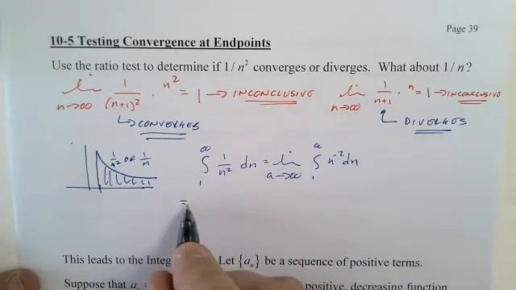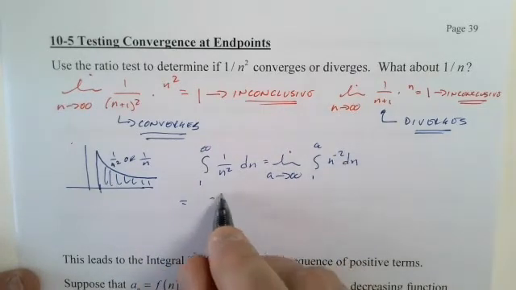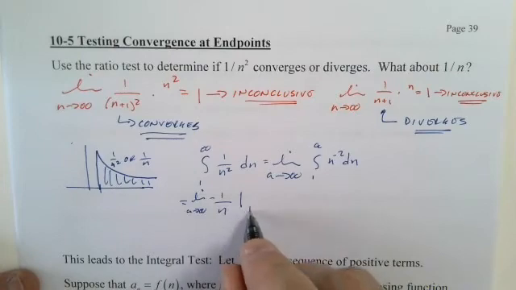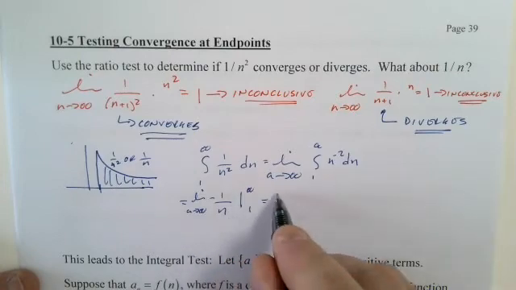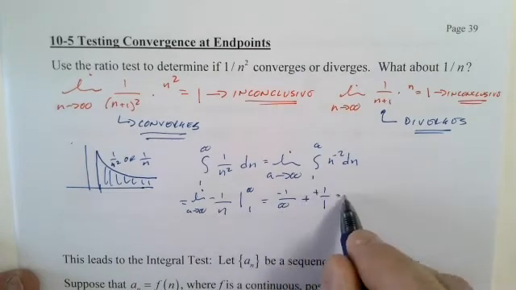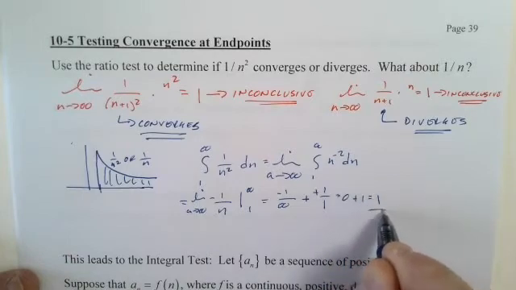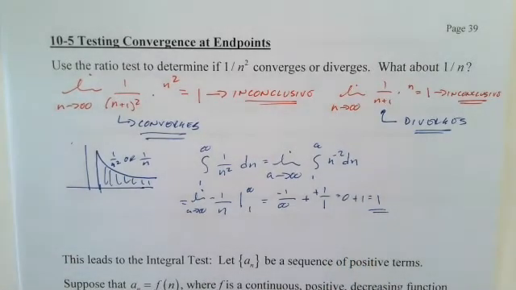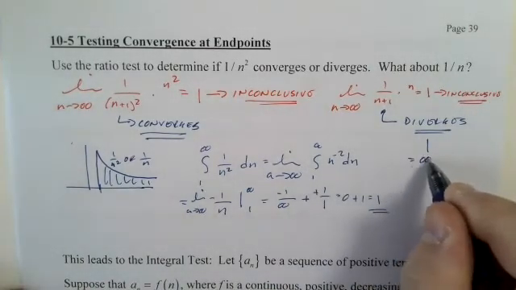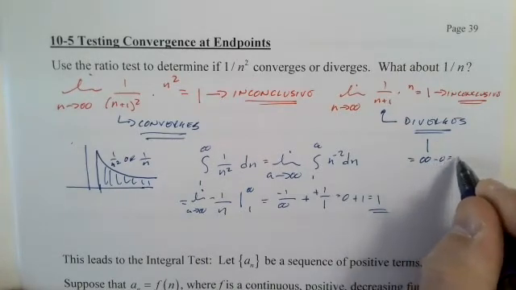And then we get negative 1 over n, from 1 to infinity, which is negative 1 over infinity minus negative 1 over 1, which is 0 plus 1, 1. Cool. If we do it for 1 over n, of course, we get infinity minus 0 equals infinity.